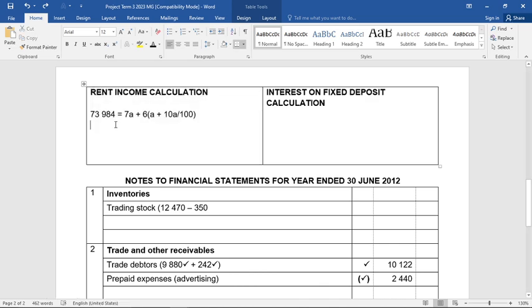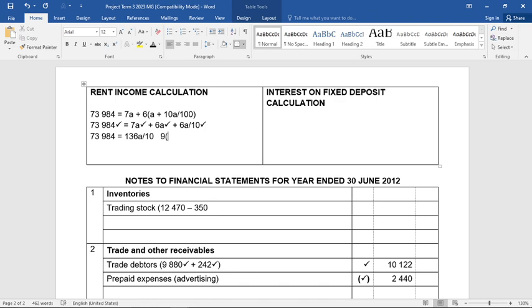The next line of our calculations, if we times that 6 into the brackets, a bit of maths here, you'd get 6A, and you'd get 6A over 10. Or you'd get 60A over 100, but you'd be able to cancel some zeros. Right? Gathering the like terms on the right-hand side, you'd get 73,984, our total rental, equaling 136A over 10.